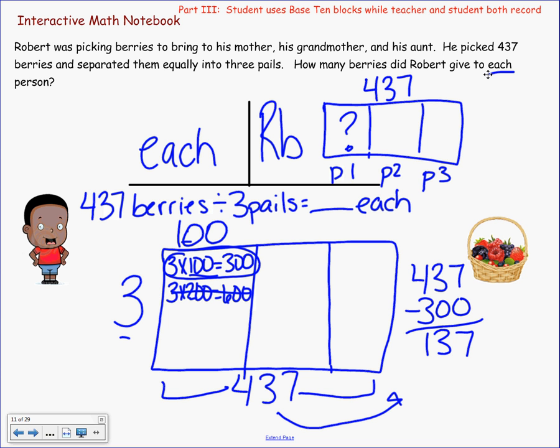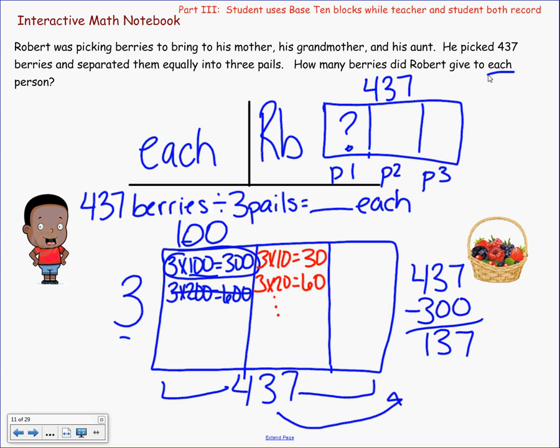I'm going to switch colors, and then we talked about the tens. So if we put 1 ten in each group, it would be 3 times 10, and that would be a total of 30. Well, I'm trying to get to 137, so I'm going to have to go for a while. So 3 times 20 equals 60. And we did each one, but for the sake of time, I'm going to do dot, dot, dot.